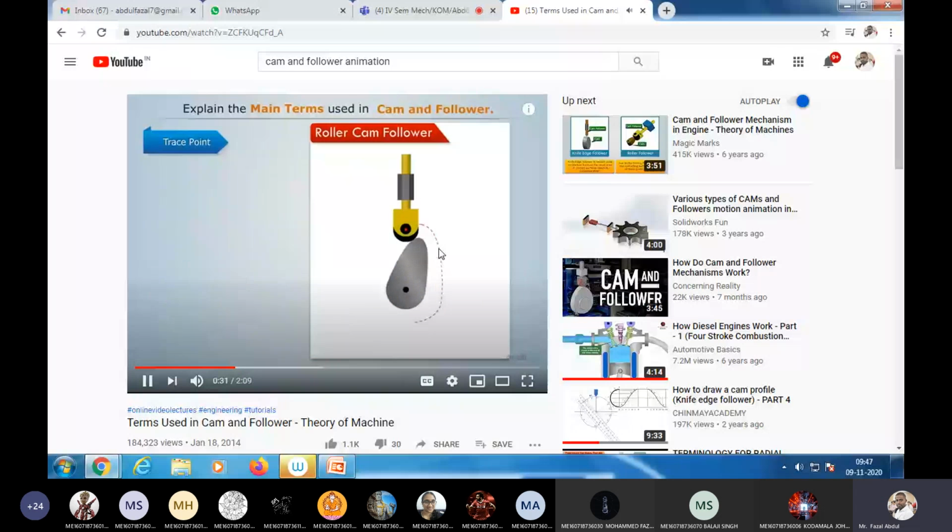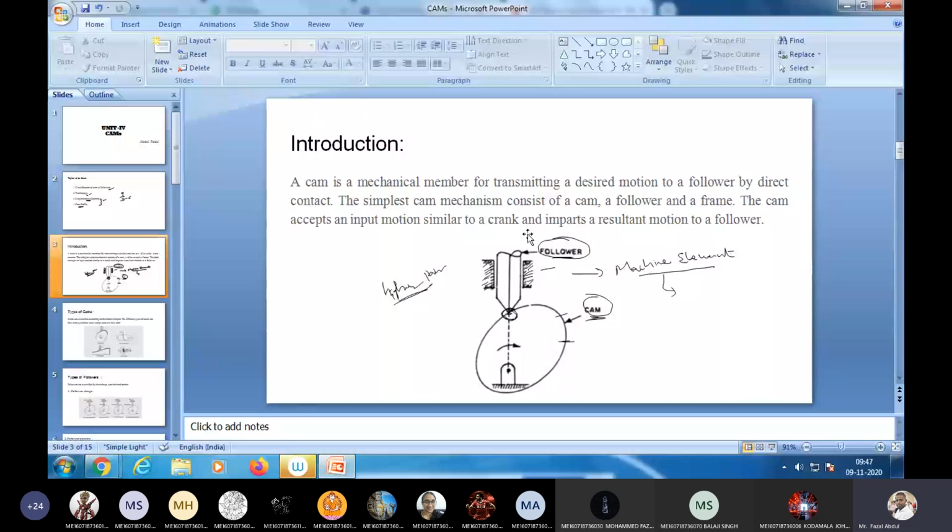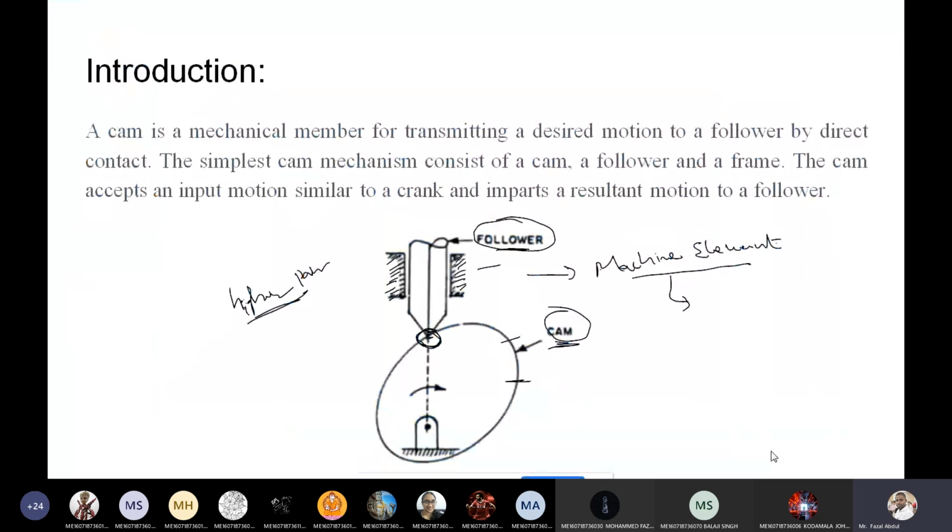So see here this motion. This motion is known as the desired motion to the designer. Okay, impart the resultant motion to the follower.